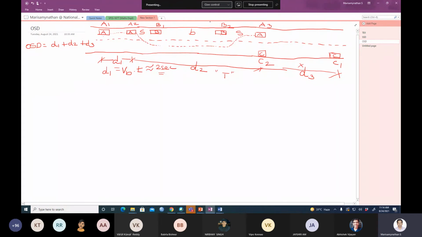And the distance between B1 and B2, how much B travels, is considered as B. So that is the way we define the value of D2 is equal to S plus B plus S, which is 2S plus B. Let me check it once.